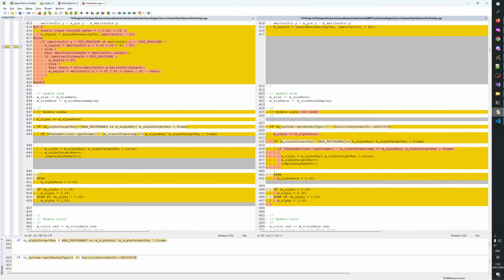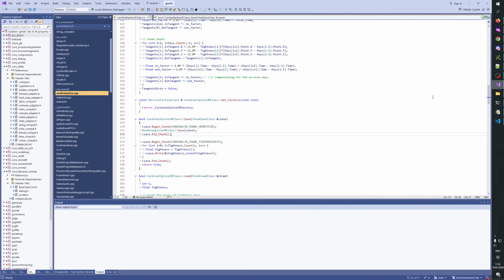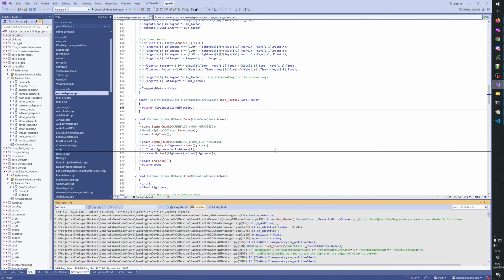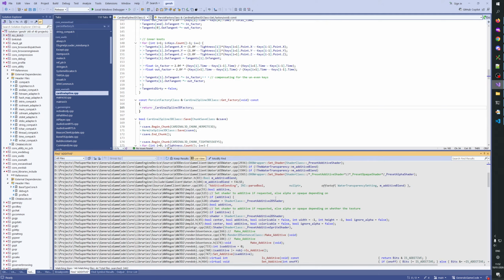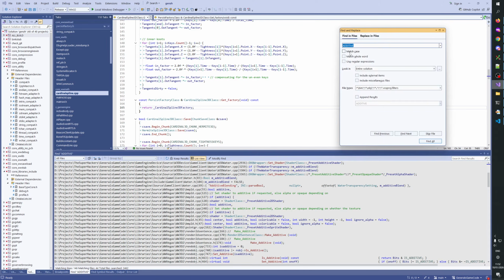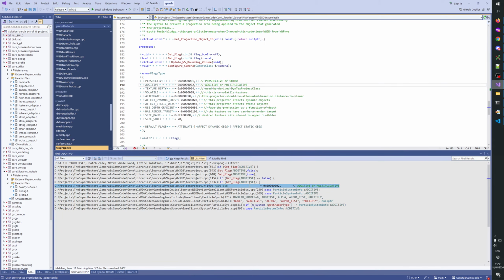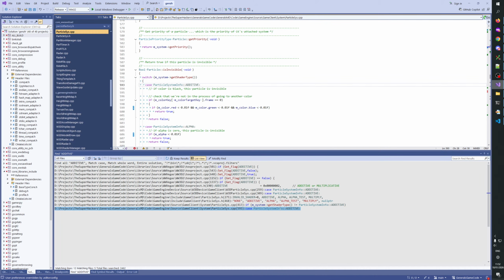Good, so, yeah, so they put this behind this additive shader type. Okay, let me look this up. Additive. Text project, text, ParticleSystem info additive.